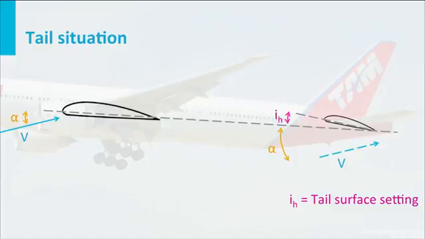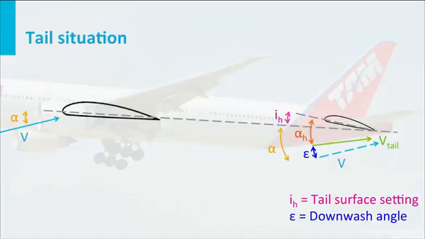And that means that the angle of attack at the tail is actually slightly less. The air is bent downwards a little, and this means that there is a different angle of attack at the tail. Of course, it can be increased again with this angle of incidence, the tail surface setting, but there's also a downwash which decreases it compared to the angle of attack, and this we normally write as epsilon, the downwash angle.